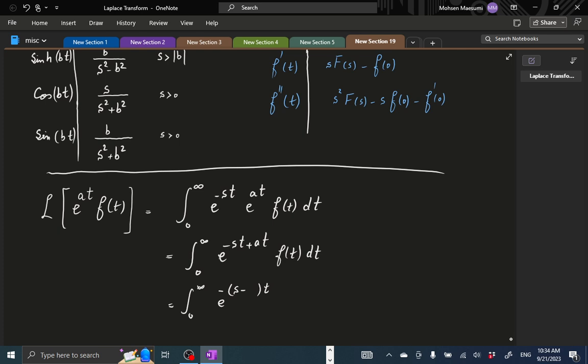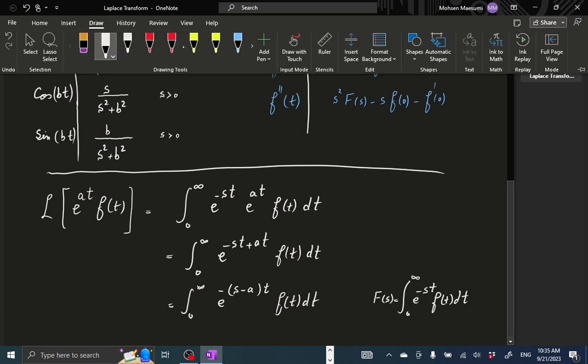And then in the parentheses, I will have s minus a, times f of t dt. Now, carefully look at what we have and compare it against the definition. For F of s, we had the integral from 0 to infinity of exponential of minus st times f of t dt. So what's the difference between these two cases?